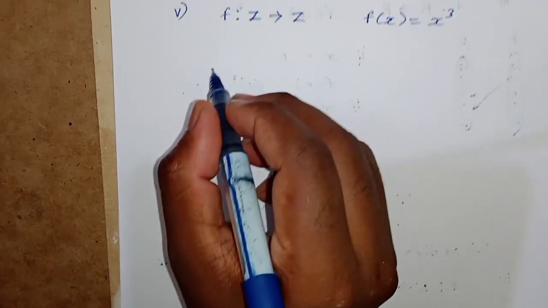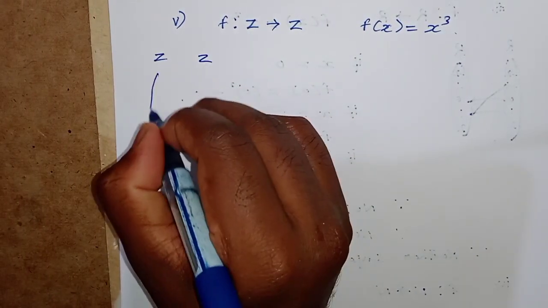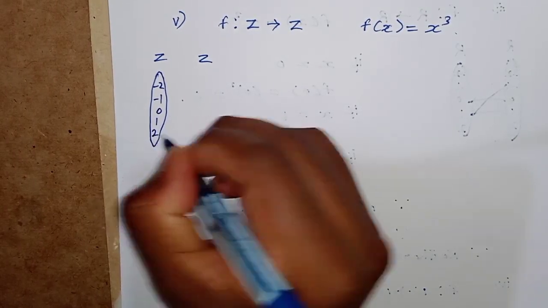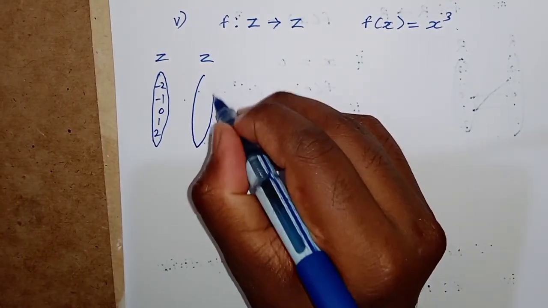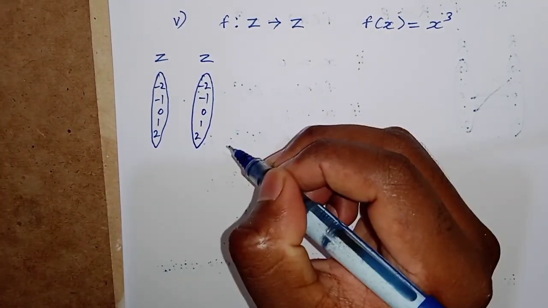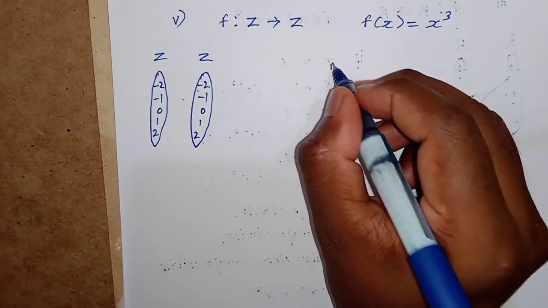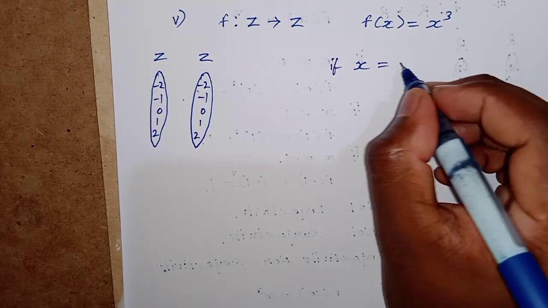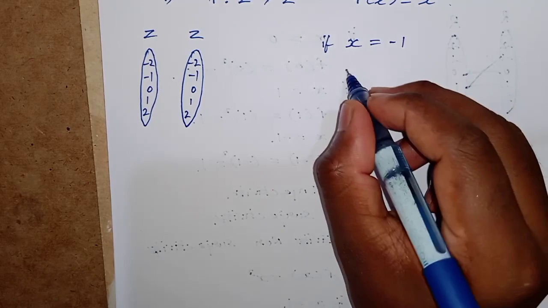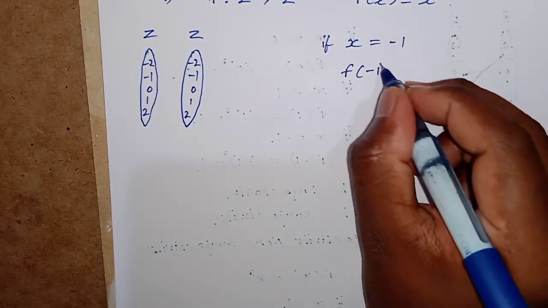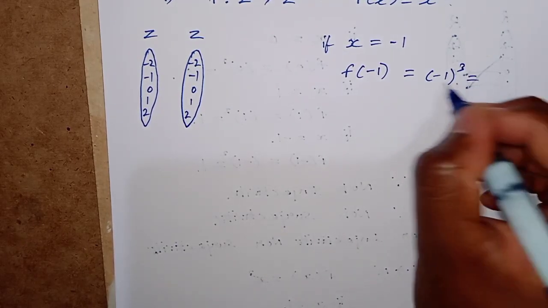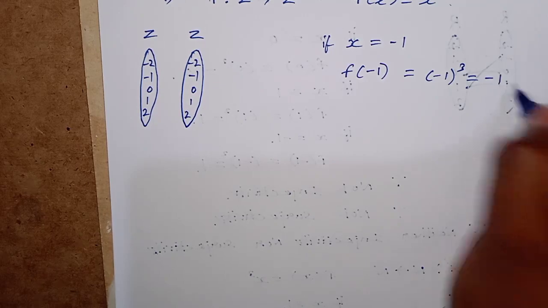Okay, now I am taking a few examples: -2, -1, 0, 1, 2 on both sides. First if x equal to -1, f of -1 is -1 cube. If you cube, it will become -1 only.